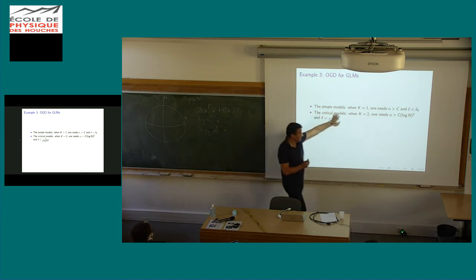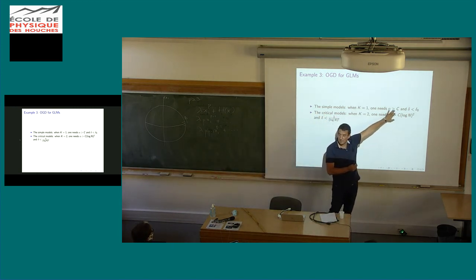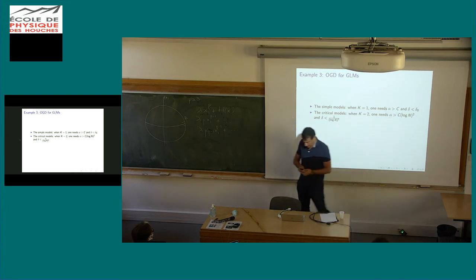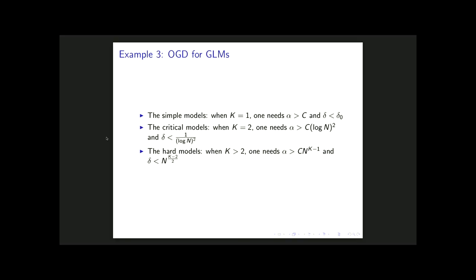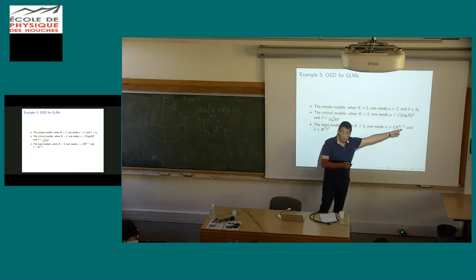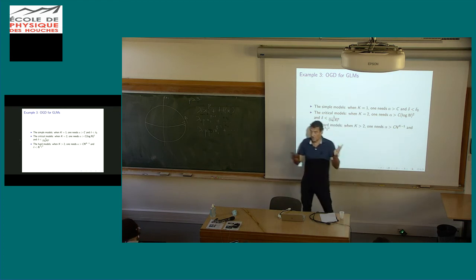When it's simple, you need nothing, just alpha, at least as much data or a fraction of the data you have. Okay, and then the hard models, when k is larger than 2, then you need alpha to be larger than n to the k minus 1. So that's really bad news. You need a lot of data.